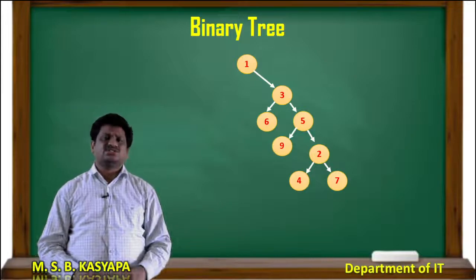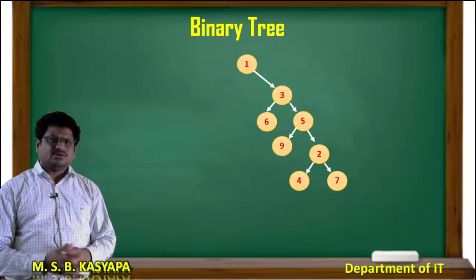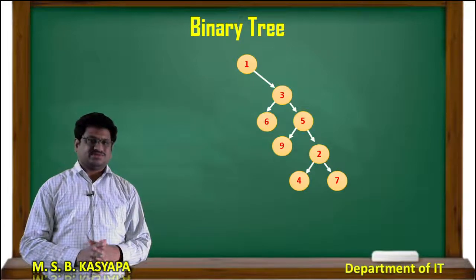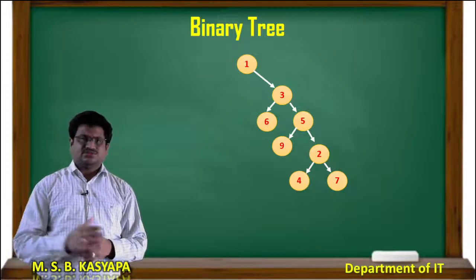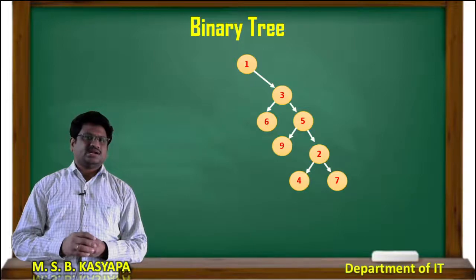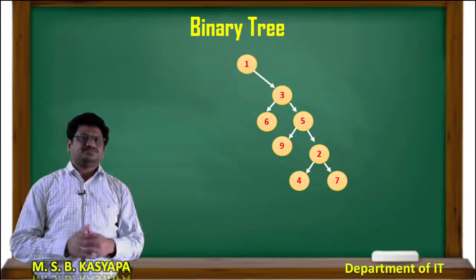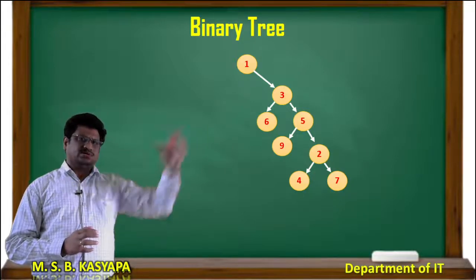If you consider this one, is it a left or right skew tree? No, these are not left or right skew trees. Okay, but is it full? Let's check. Each and every node must contain 0 elements or 2 elements. Is it full?